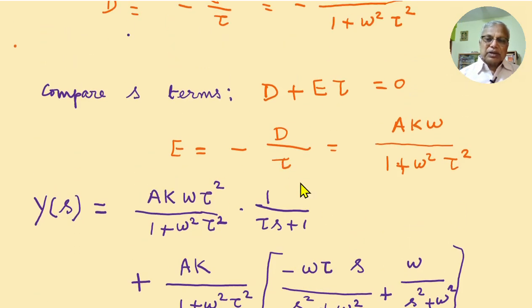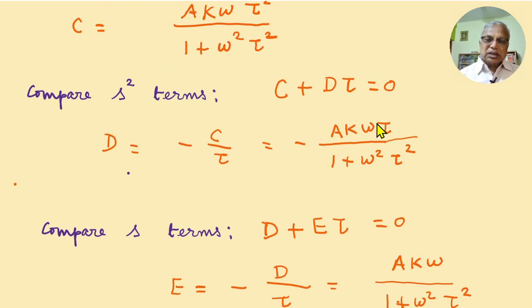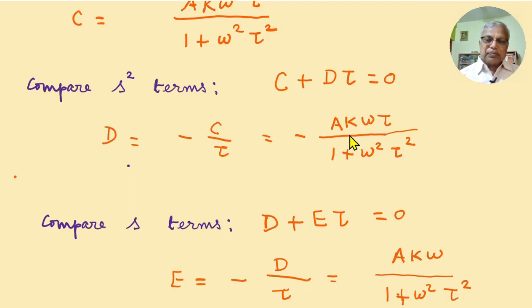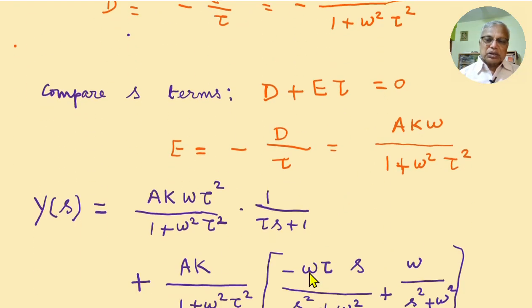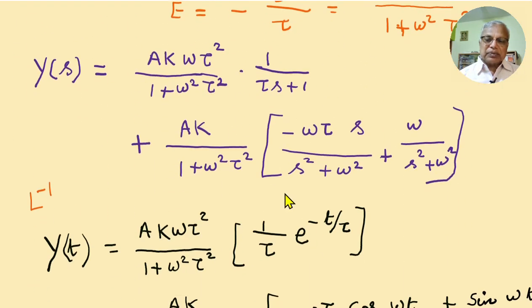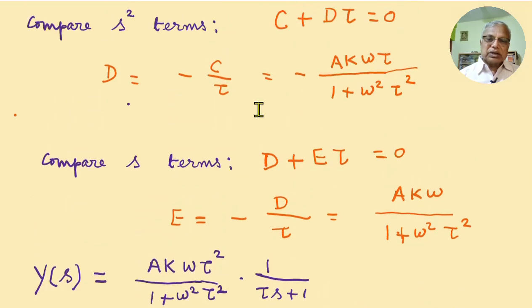I have taken out only A K, so what is left is omega tau. So minus omega tau s by s square plus omega square, since D has a negative sign.